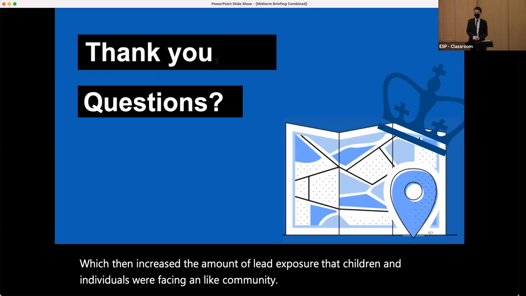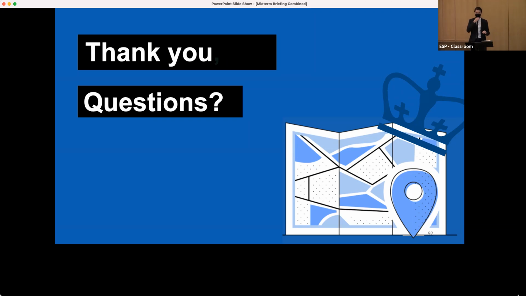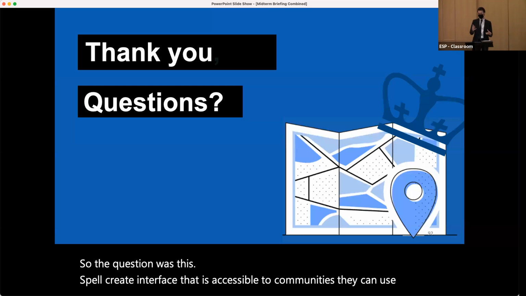So does this plan have a user friendly interface on the website or something like that that is accessible to public access? Yeah, so the question was, does this bill create an interface that is accessible to communities so they can utilize this data?